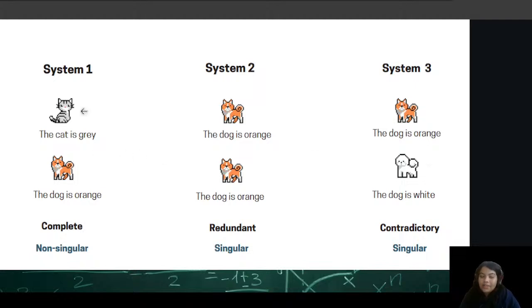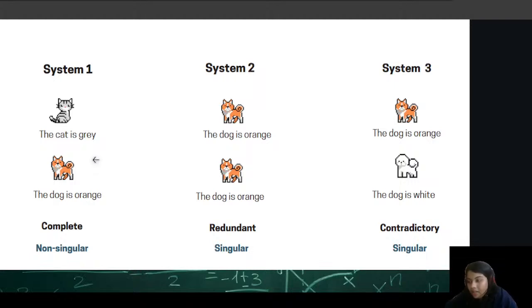So we are naming it singular. As you can see, we got an idea of four, five kinds of information: how the system is complete, how it is redundant, how it is contradictory, and how this is a singular system and a non-singular system.